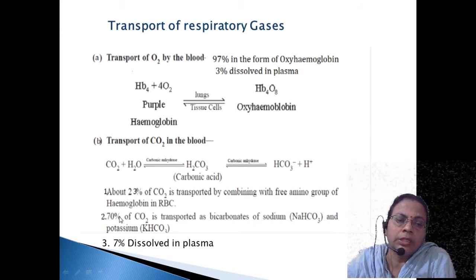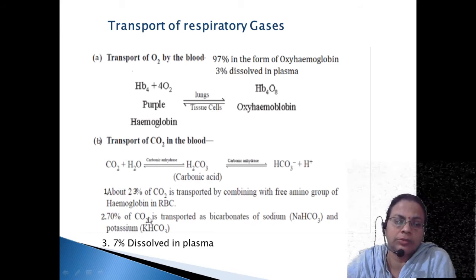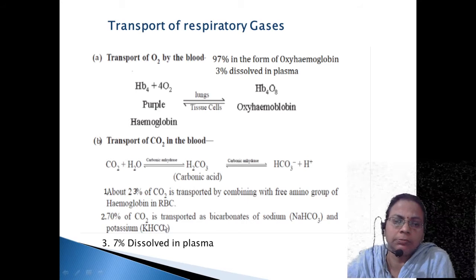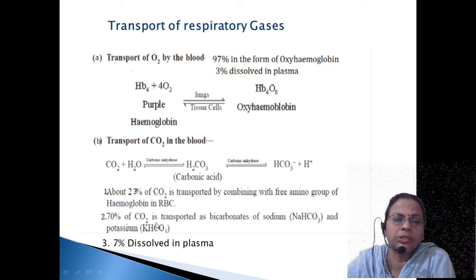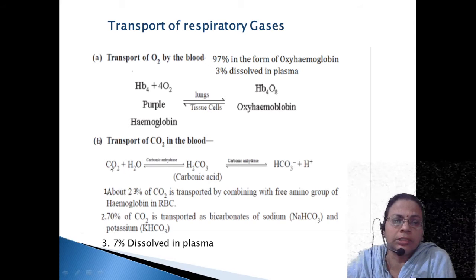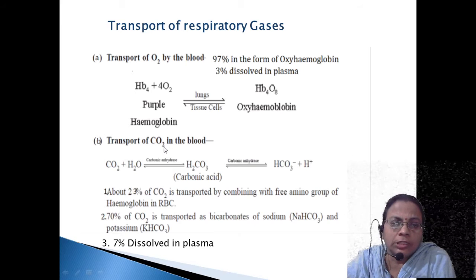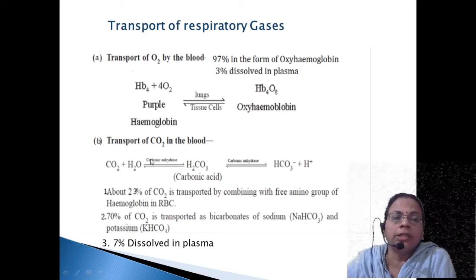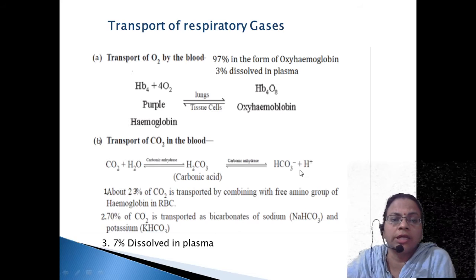The second one: 70% of the carbon dioxide is transported as bicarbonates, either in the form of sodium bicarbonate or potassium bicarbonate. How it is transported: first it will enter into the RBC, and inside the RBC the carbon dioxide will combine with water in the presence of a particular enzyme, the fastest enzyme present in RBC, carbonic anhydrase, which mediates this reaction very fast.